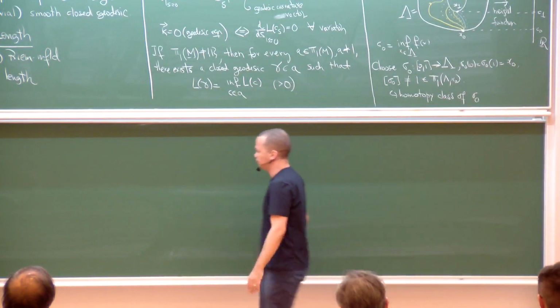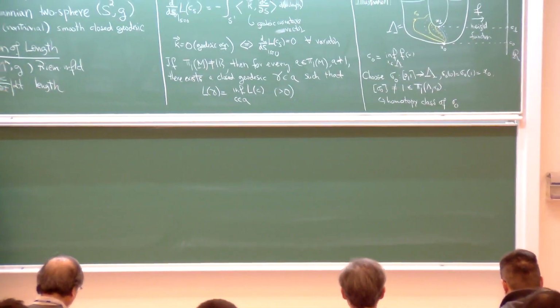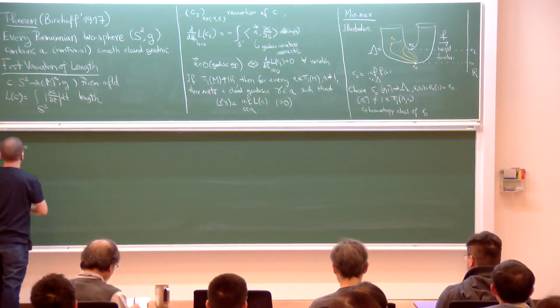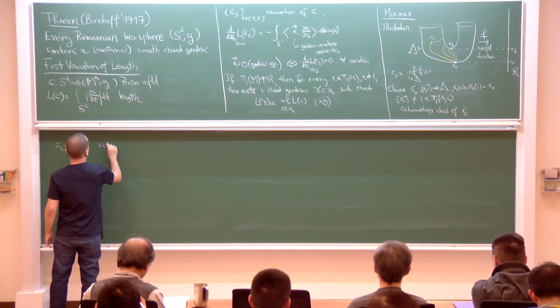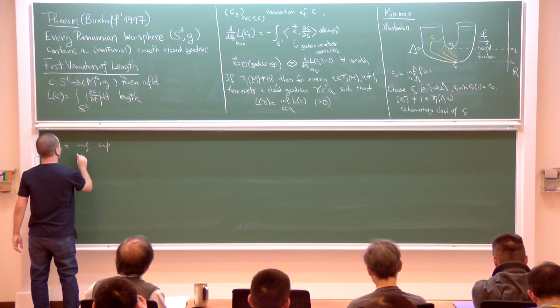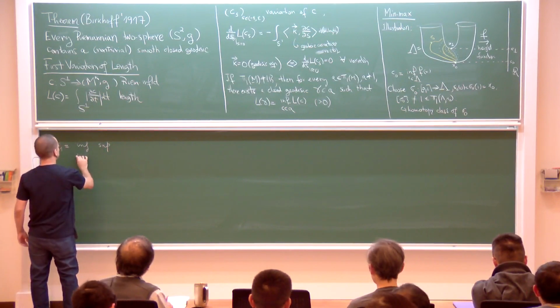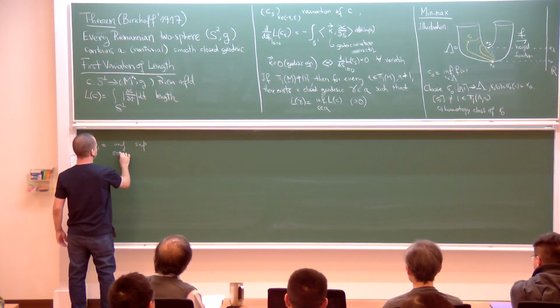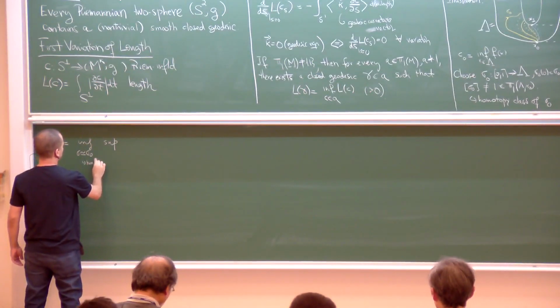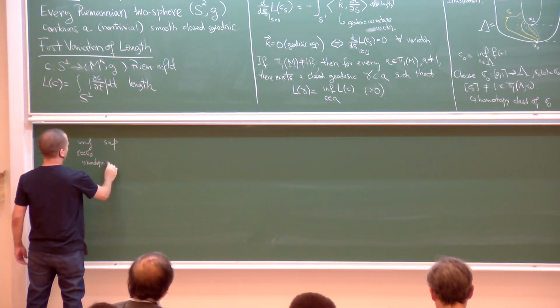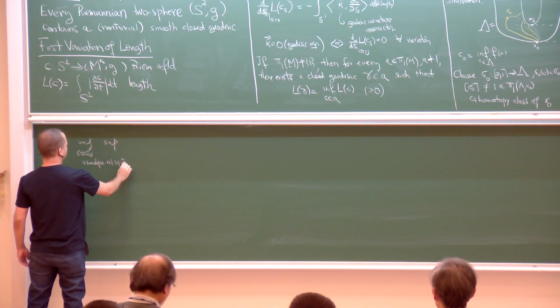So c1 can be obtained by doing the following thing. It's going to be min-max, so inf sup. So for every loop sigma that is homotopic to sigma naught, so this means homotopic relative with fixed boundary values 0, 1.